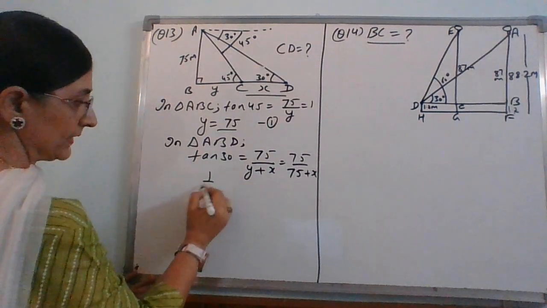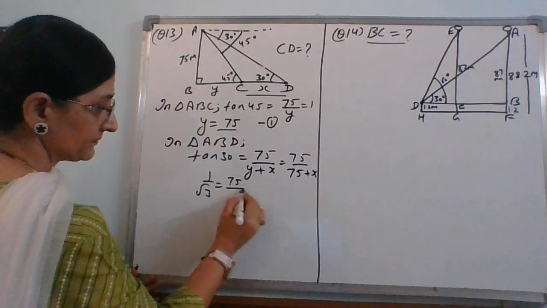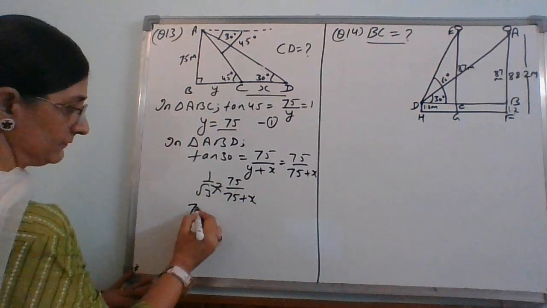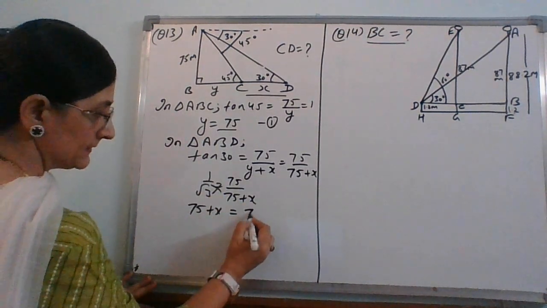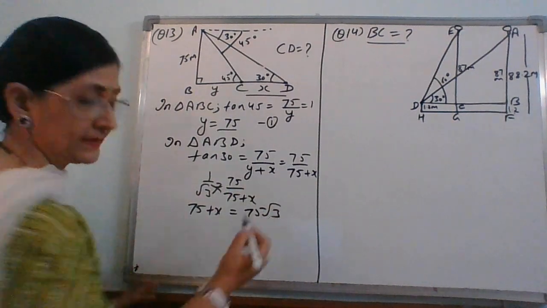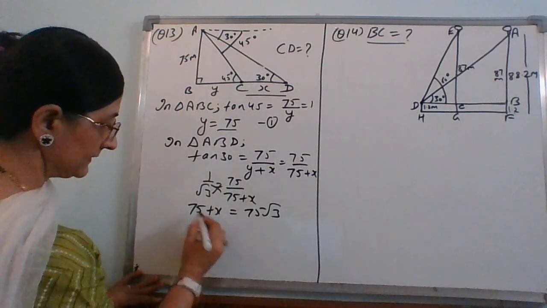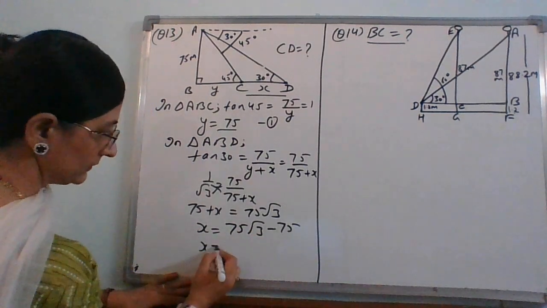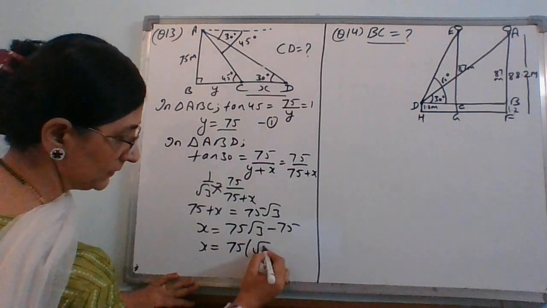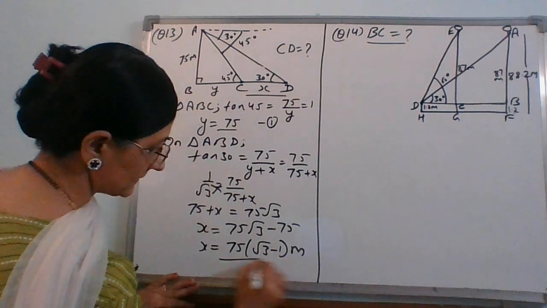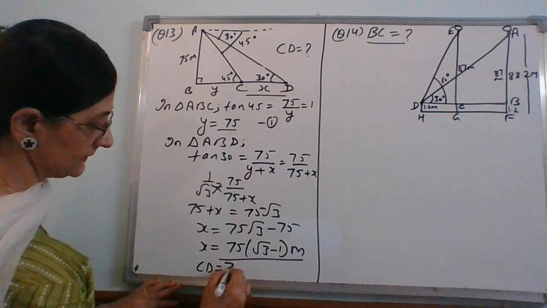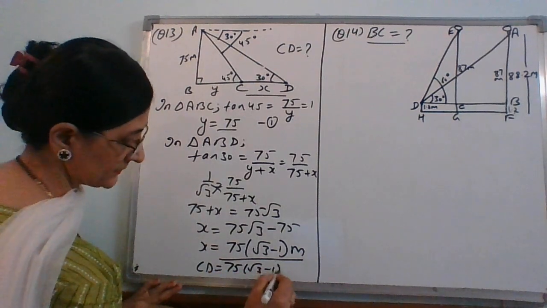Tan 30 is 1/√3. Cross multiplying, 75 plus x on the left, and 75√3 on the right. These are like terms, so I'll shift 75 to the right. So the value of x will be 75, take common, (√3 - 1) meters at the end. We were supposed to find this x, that is CD. So (√3 - 1) meters.